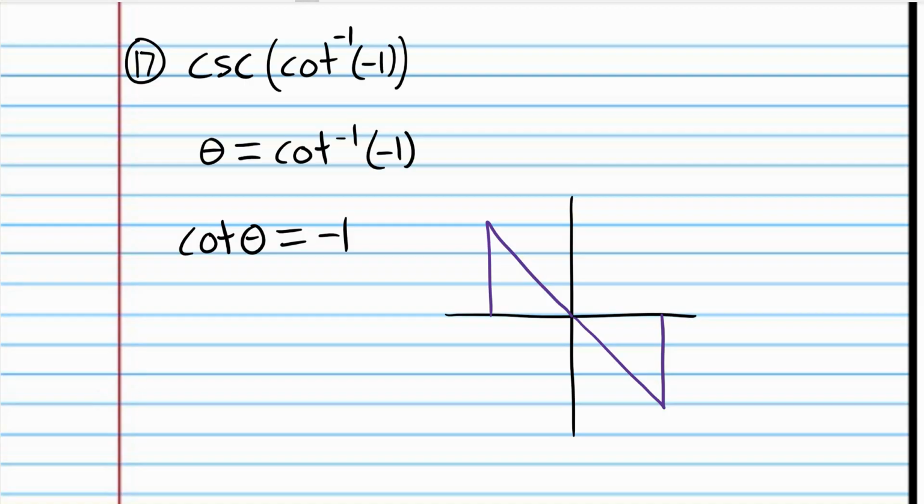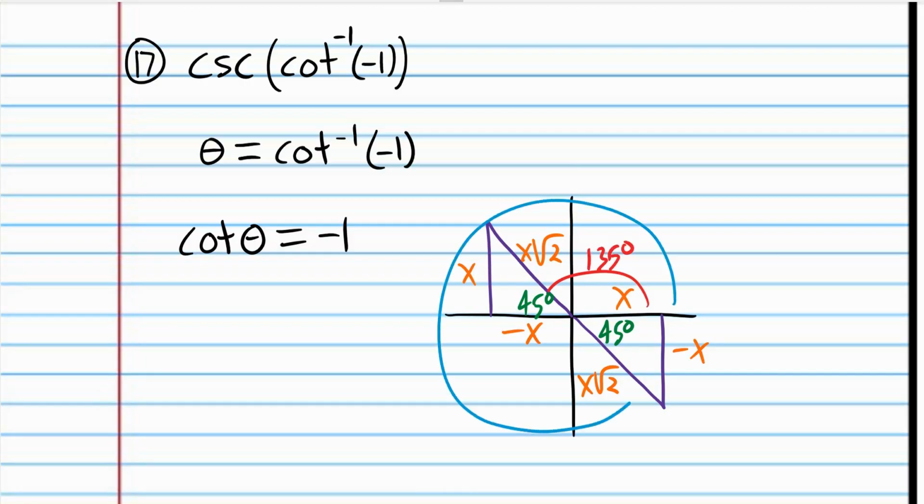And we're dealing with 45, 45, 90 degree triangles. The reference angles are both 45 degrees. And so one angle is 135 degrees and the other angle is 315 degrees.